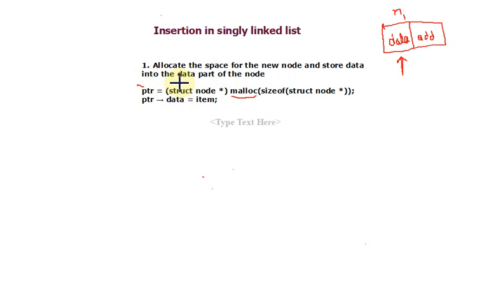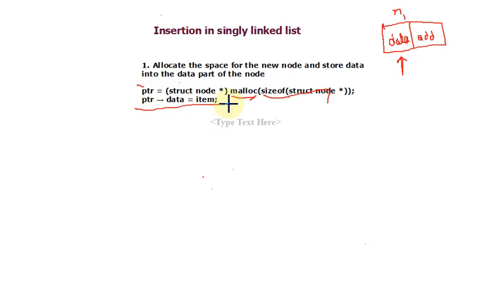After that, we need to create the memory space using the malloc function, and it depends upon the size of your structure node. After the allocation of the space, we need to store the data into the data part of the node. So this line of code is used to store the data into the data part of your new node.